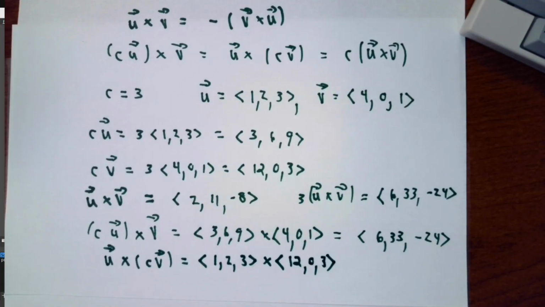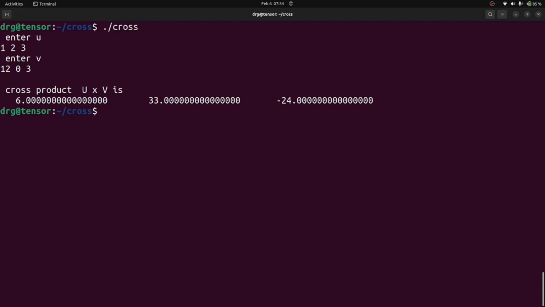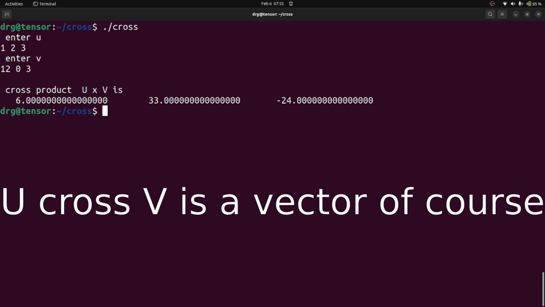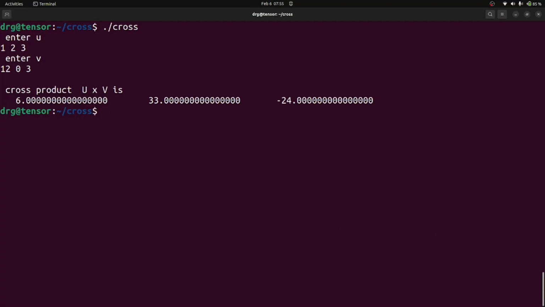And likewise, if I want to calculate u cross the vector c times v, this will be vector 1, 2, 3 cross product with 12, 0, 3, which again is 6, 33, negative 24. So this supports the claim that cu cross v, u cross cv, and c multiplied by the number u cross v are the same. In the third video, we'll do a logical proof that that is always the case.